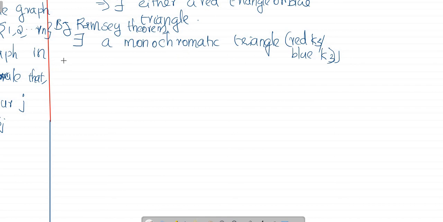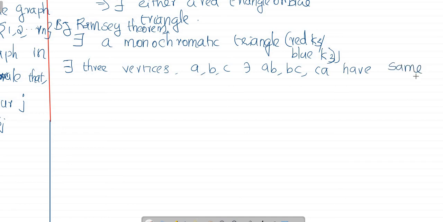That means there exist 3 vertices A, B, C such that AB, BC, CA have the same color, say i.